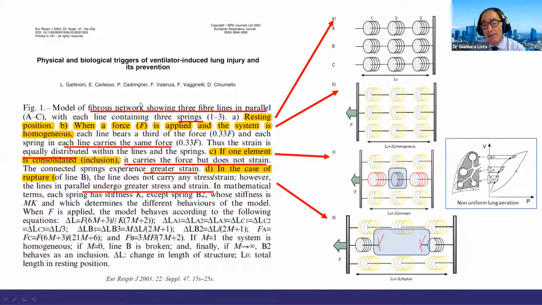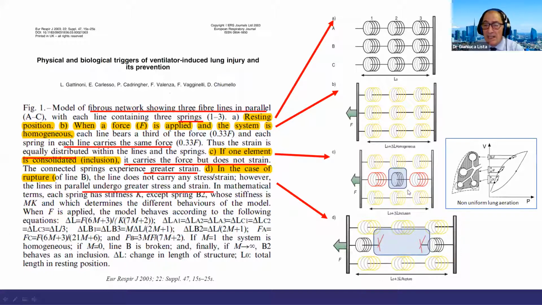We can mimic the lung tissue like a fibrous network showing three fiber lines in parallel with multiple springs. This is the resting position of the lung. When a force is applied and the system is homogeneous, there is no problem because each line carries the same force.